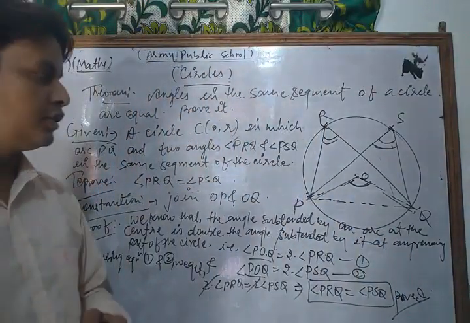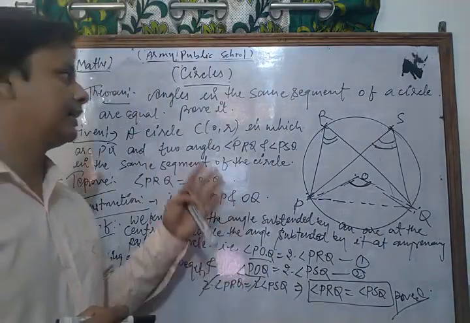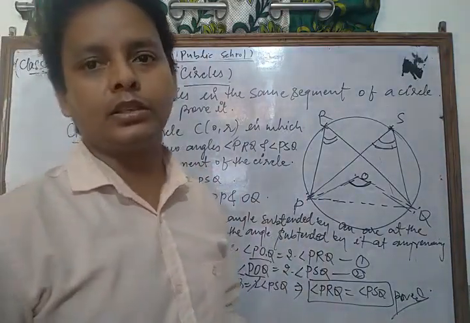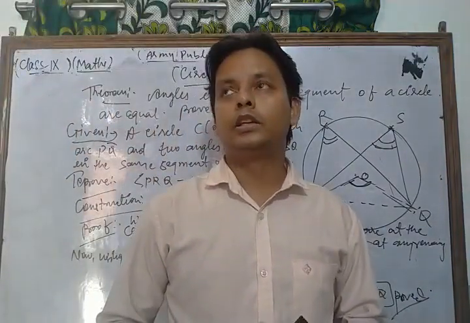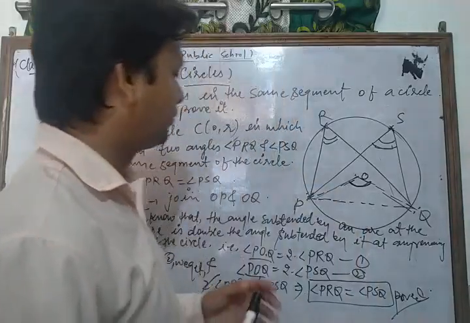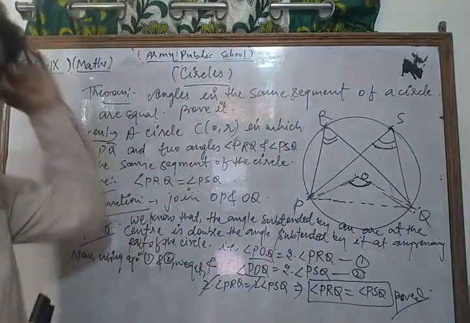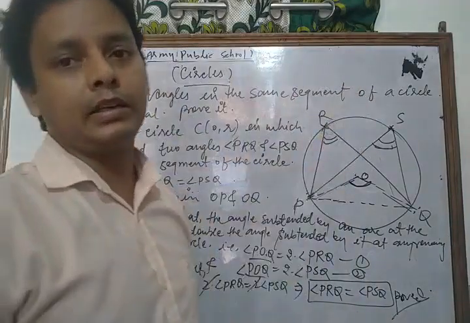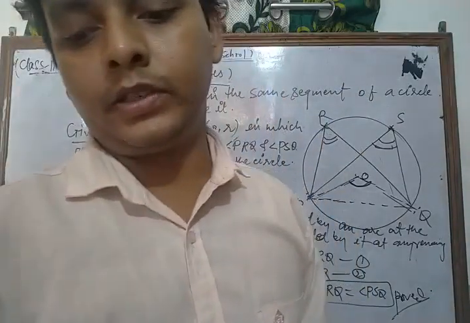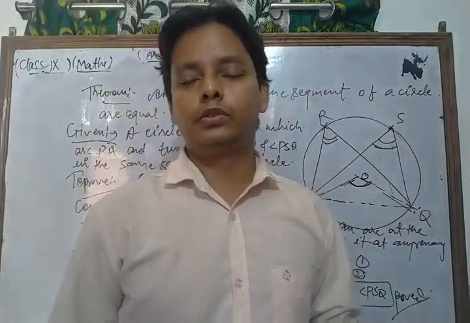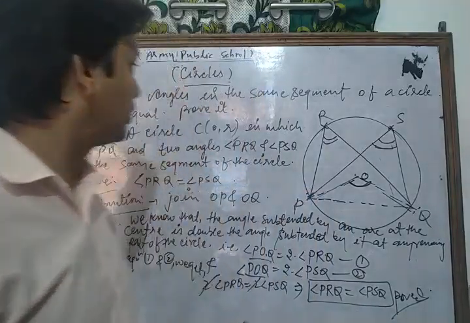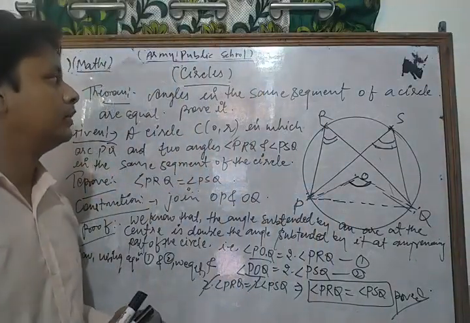So dear students, in this way we can say that angles in the same segment of a circle are equal to each other. First of all, revise all the important theorems which we discussed in this class. After that you can solve each and every question of your NCERT exercise based on these theorems.